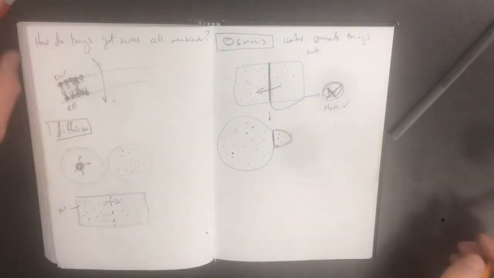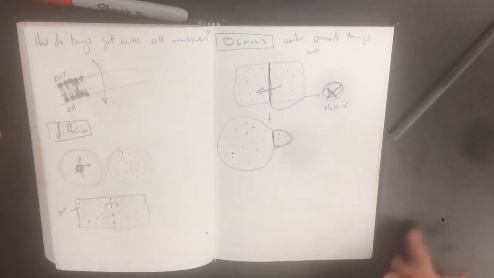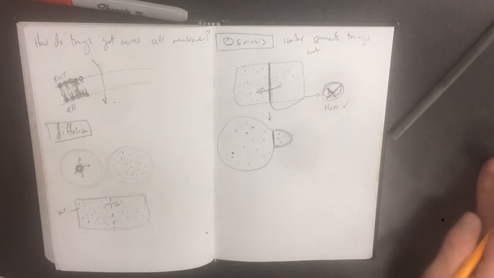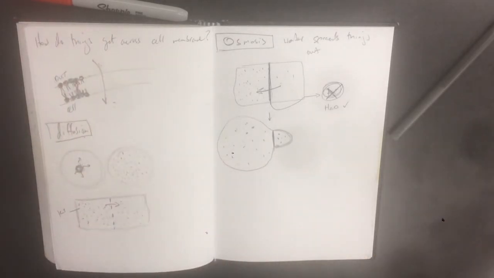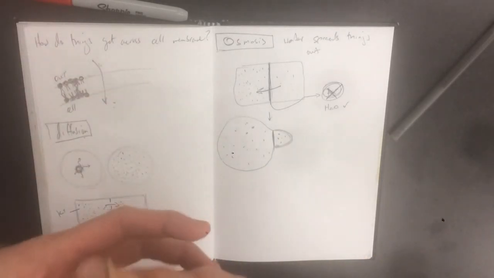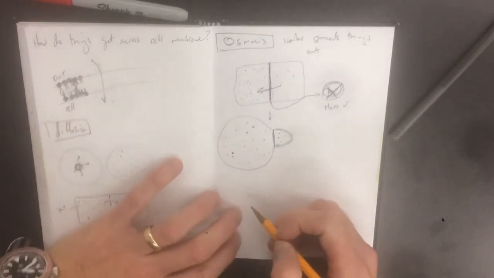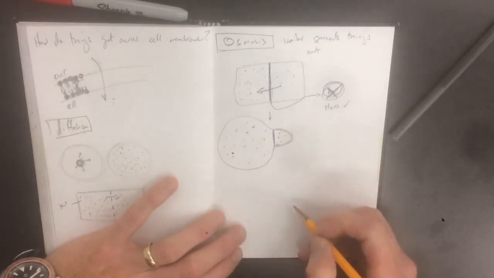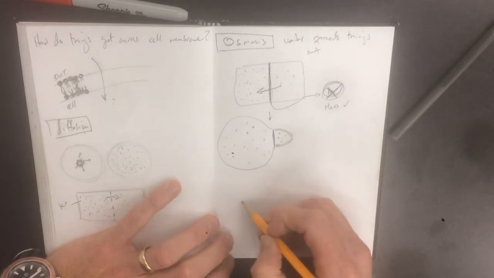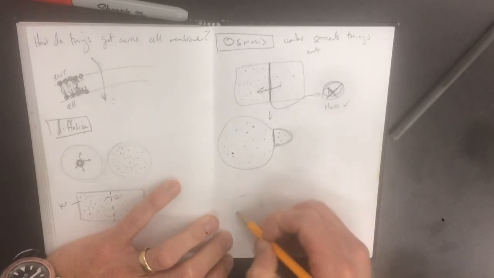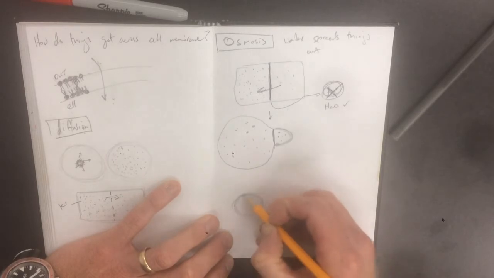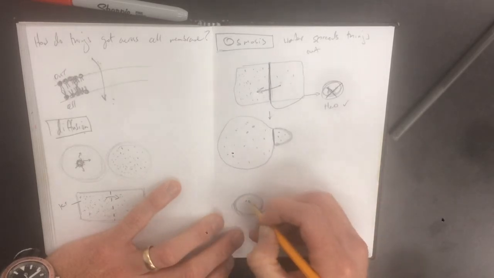Now, this can have some pretty big consequences depending on what's going on. Let's imagine we have a flexible bag of particles. This flexible bag of particles could be a cell. So let's imagine we have a little cell right here, and cells contain a bunch of little particles.